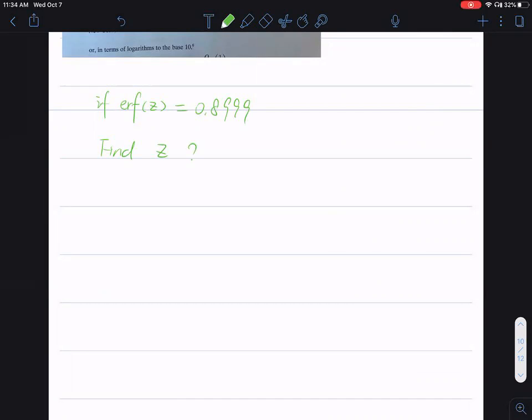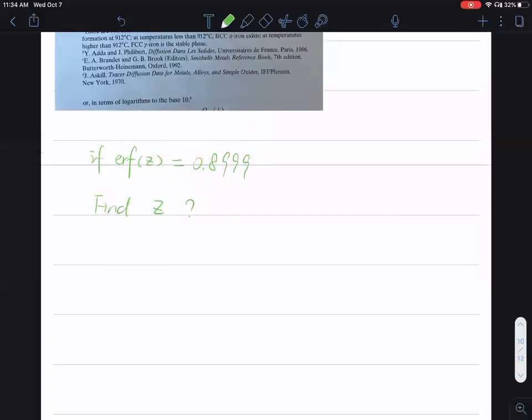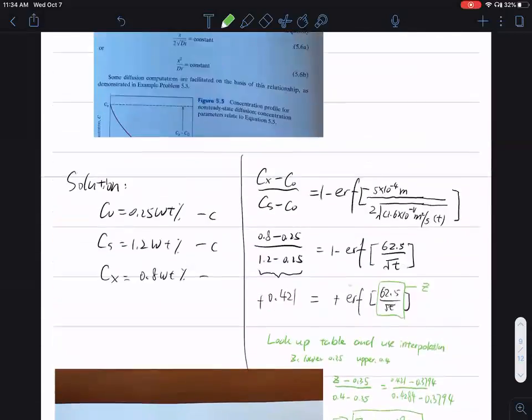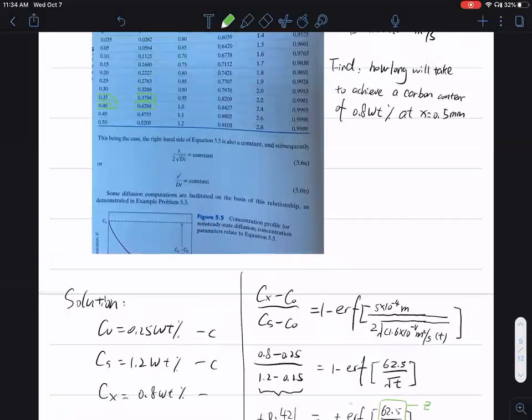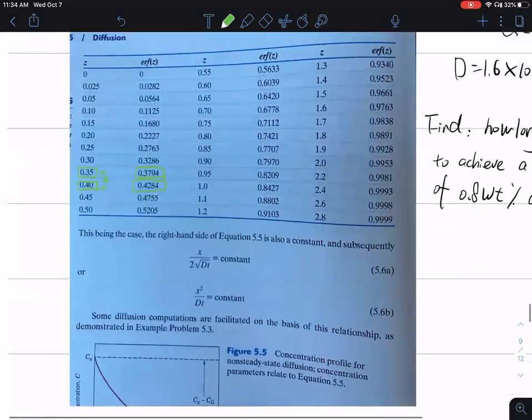I want you to write down, if we know the error function value equals 0.8999, I want you to find out what Z is using interpolation from the method we just talked about. And here's the table for the error function.